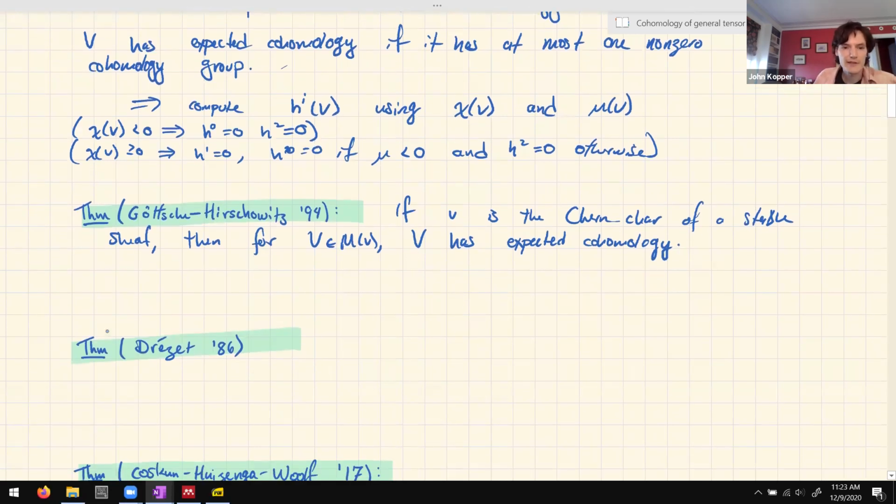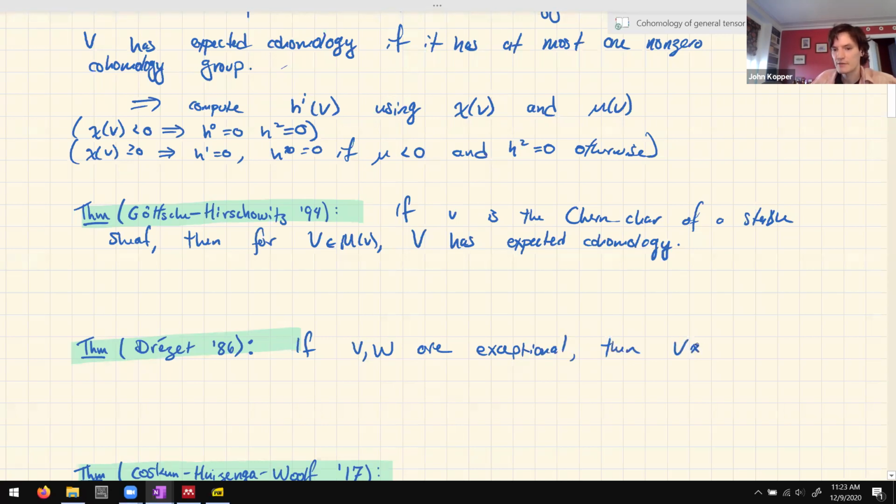The next theorem I want to tell you about is a theorem about tensor products. It's due to Drézet in the 80s. Drézet tells us that the tensor products of two vector bundles have expected cohomology if those vector bundles are exceptional. So V and W are exceptional, and of course, I'm always working on P2 here.